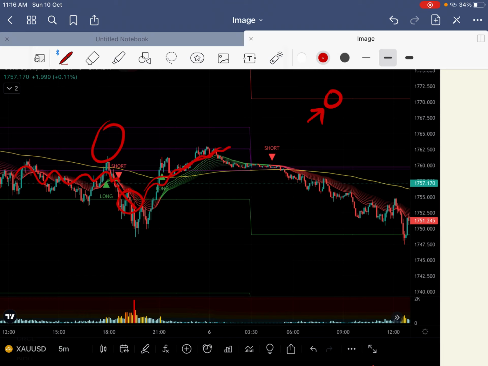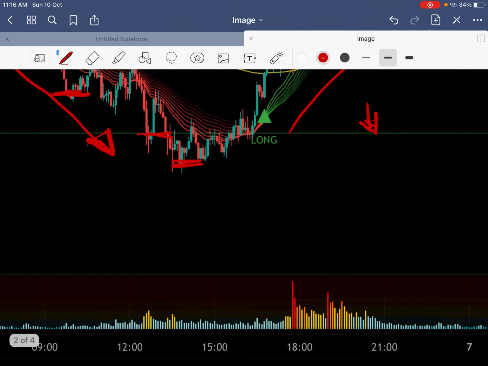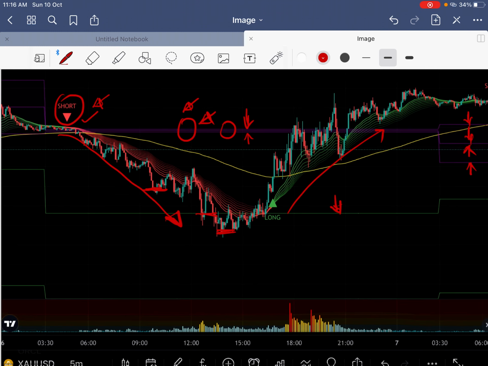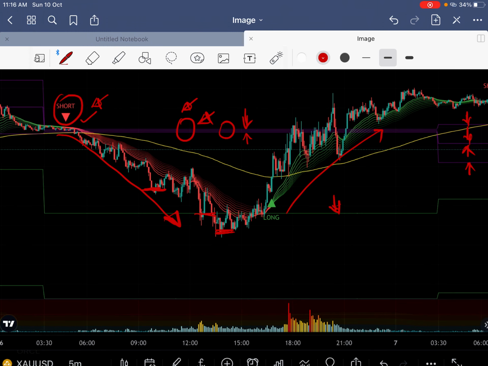If the market is trending, it is most likely to break support or resistance very quickly compared to a wide CPR. So to use this indicator in this strategy, you have to focus on CPR. If the CPR is narrow, then this is a very good entry for short and long entries.